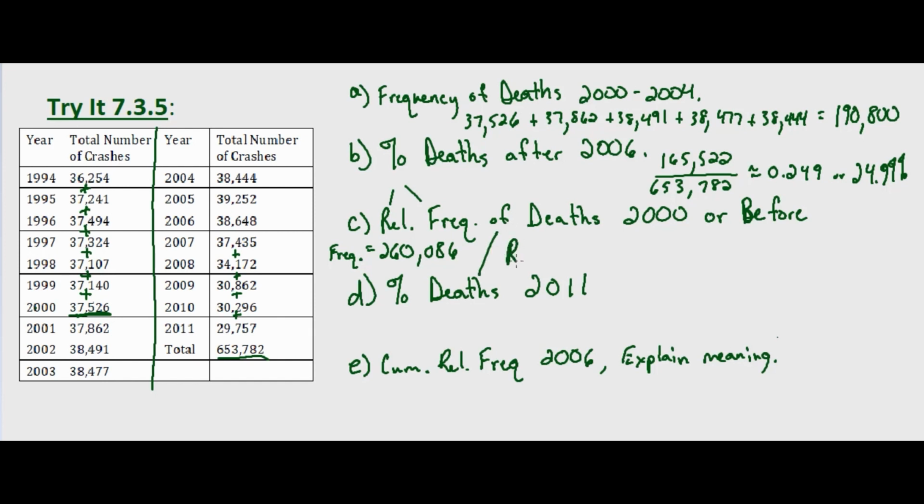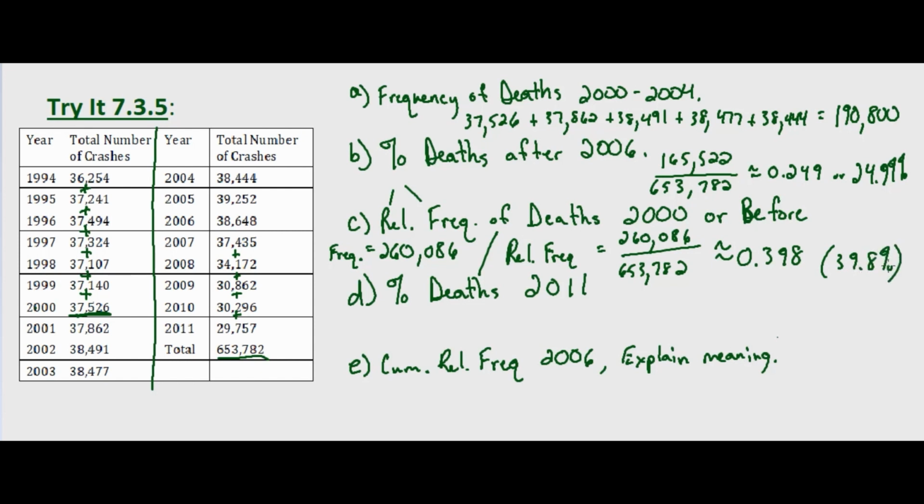So the relative frequency equals that sum divided by the total, or 260,086 divided by 653,782, and that is approximately 0.398, or 39.8%.